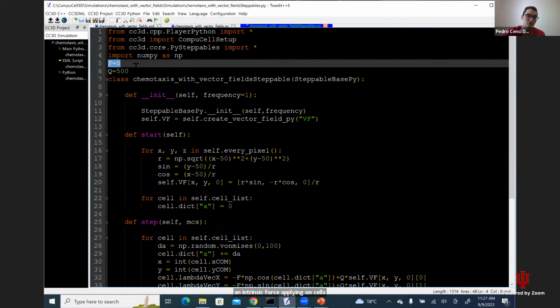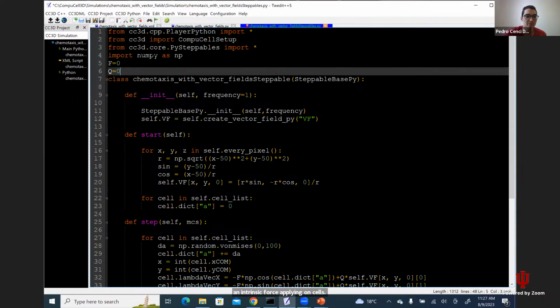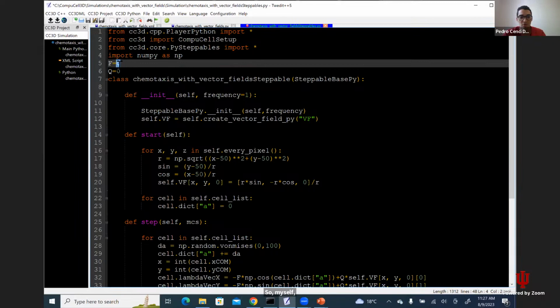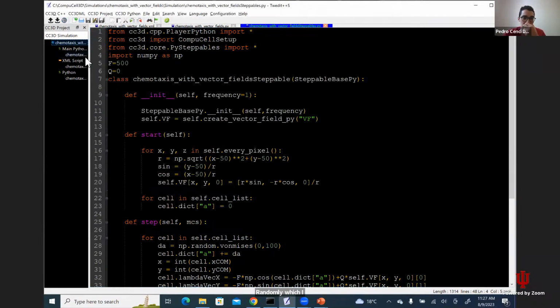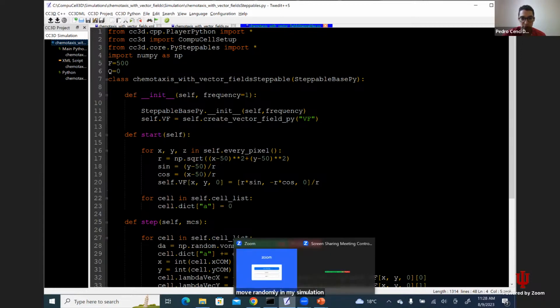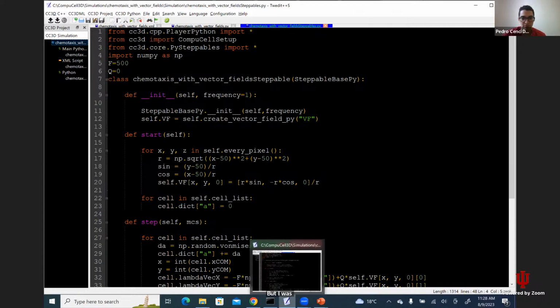So my cells without, let me just show you, without the chemical force, they can move randomly, which I will show you. Open here. So they can move randomly in my simulation, but I was demonstrating without the intrinsic force. Takes a while to open.